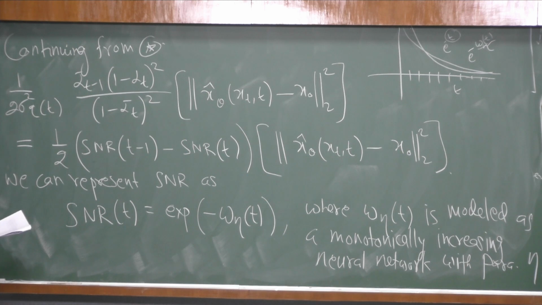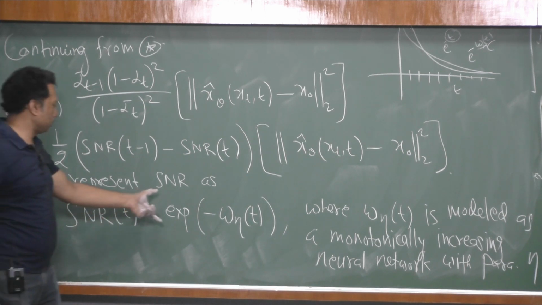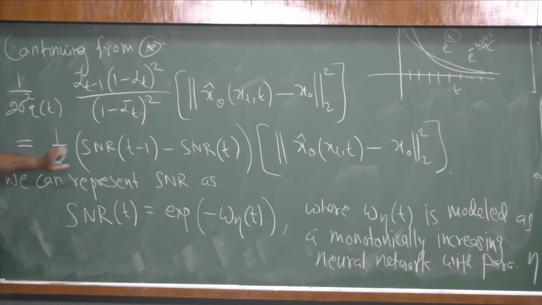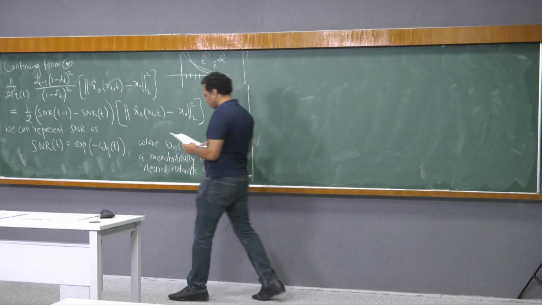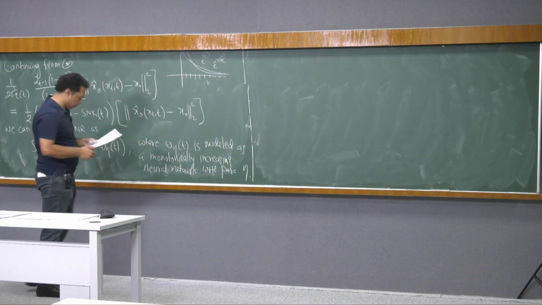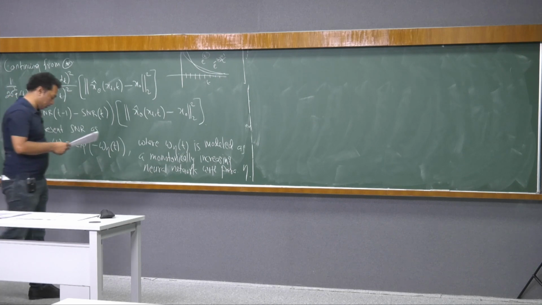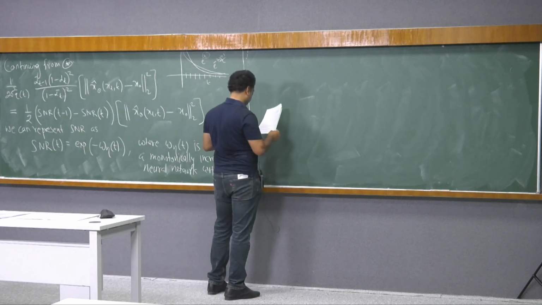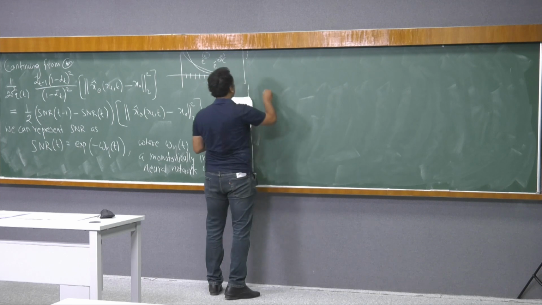If we say that SNR is modeled like this, we know that SNR is defined as the ratio of alpha bar t divided by 1 minus alpha bar t, and so on, right? So from there we know what SNR is in terms of alpha. We will substitute that here, and from there we can solve for alpha. So let us do that. We know what SNR t is.